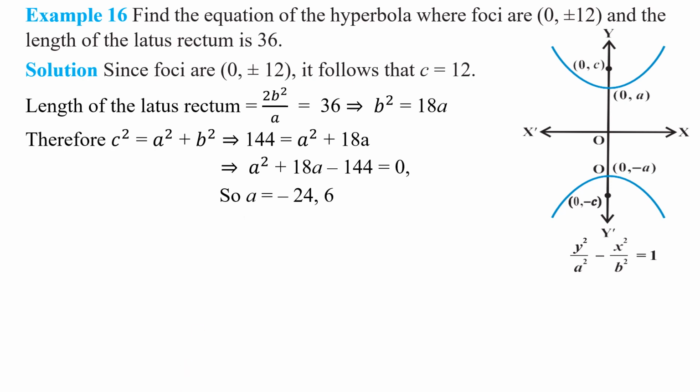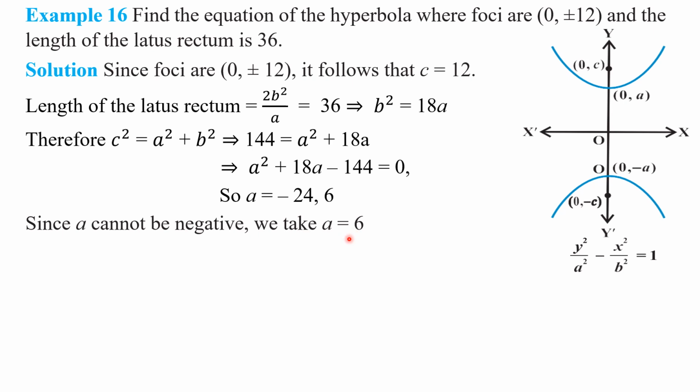Yes, so we take only the positive value. Since a cannot be a negative value, we take a is equal to 6. Understood this step, my children? Why are we taking a is equal to 6 only? A is equal to minus 24 is ignored because a cannot be a negative value, and that is why we have taken a is equal to 6. So we got the value of a here. Understood this step, my children?